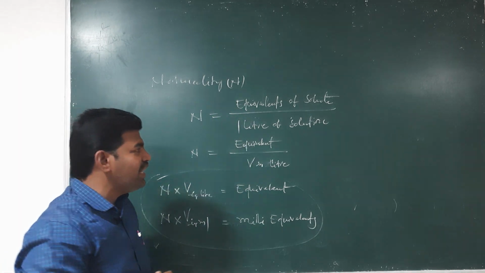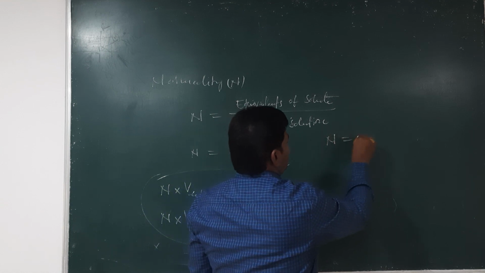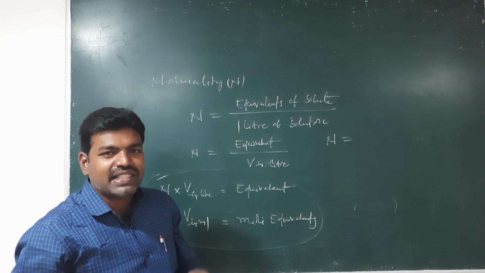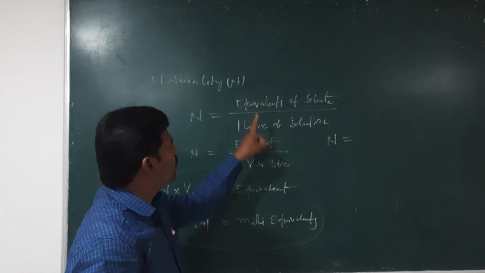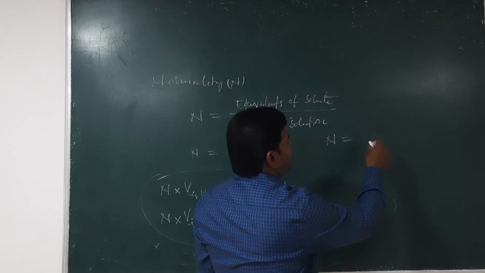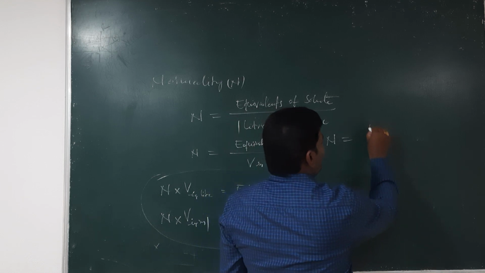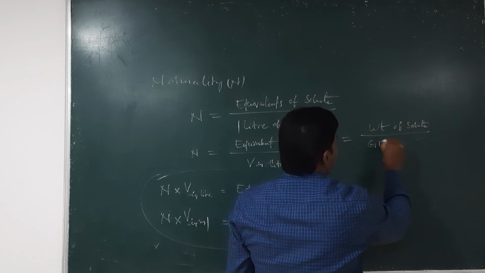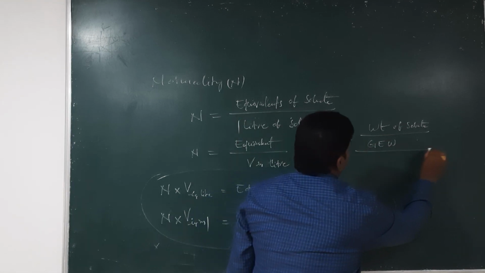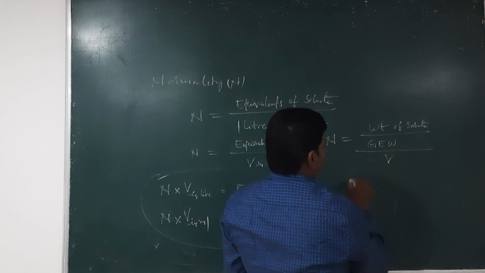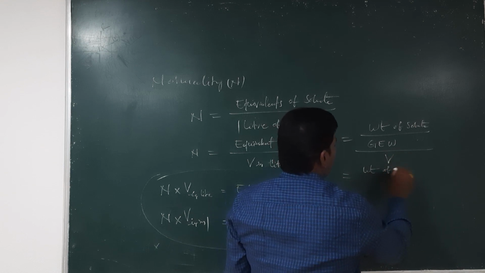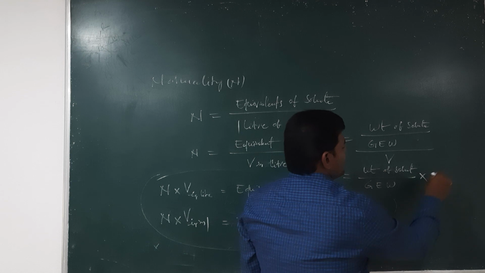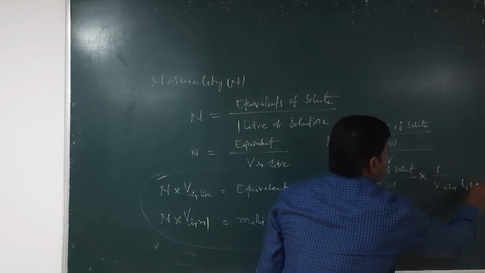The formula we usually see in the textbooks is normality is equal to equivalents of solute, that is, weight of solute by its gram equivalent weight, by 1 by V in liters.